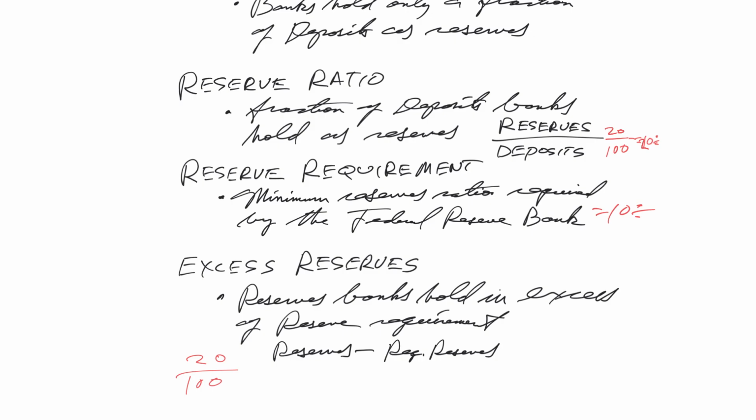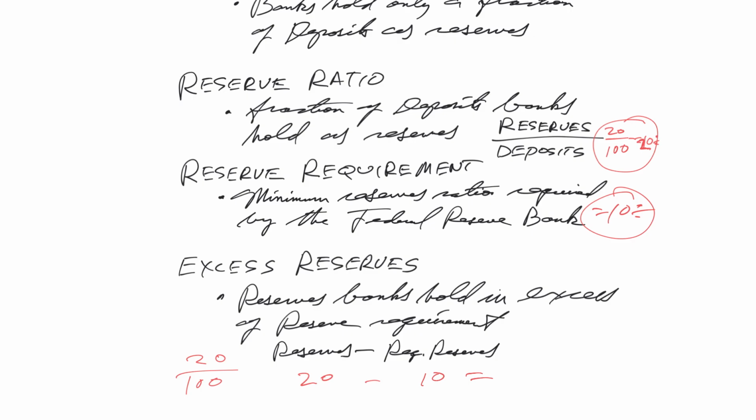So their reserve ratio is actually 20%. The Federal Reserve Bank only requires 10%, but they're holding 20%. So the required reserves are 10% of this $100 of deposits. They're required to hold on to $10, but the bank, for whatever reasons we'll talk about later, decides to hold on to 20.